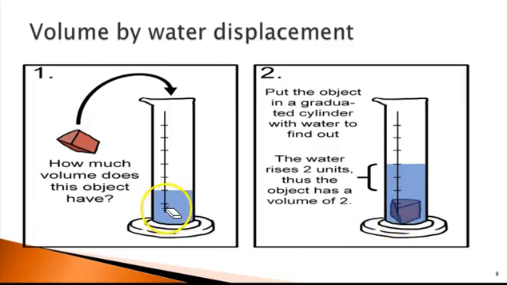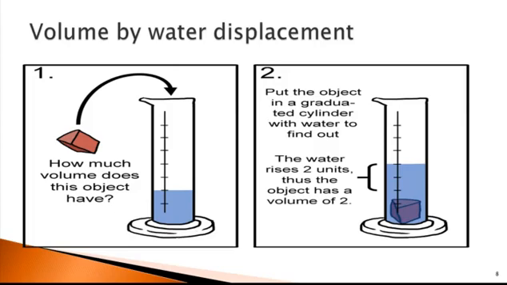That means the object's volume is 2 of whatever the units are. It could be liters even, but in this graduated cylinder, it's 2 more units up. That's how I know how much this object's volume was. So that's using water displacement to figure out the volume of the item.